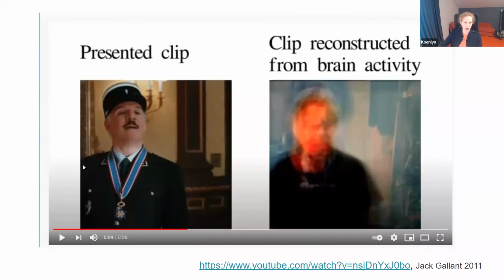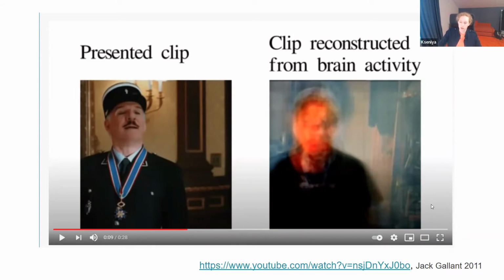On the left side, you can see the presented clip, and on the right side, the clip reconstructed from the brain activity, from the fMRI. It was in 2011, 10 or 11 years ago.